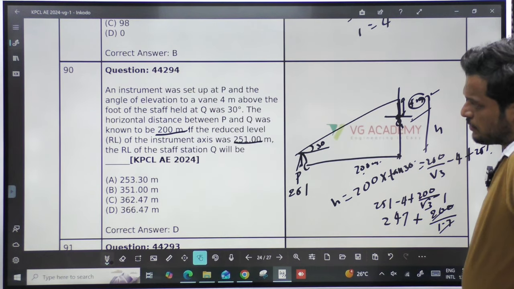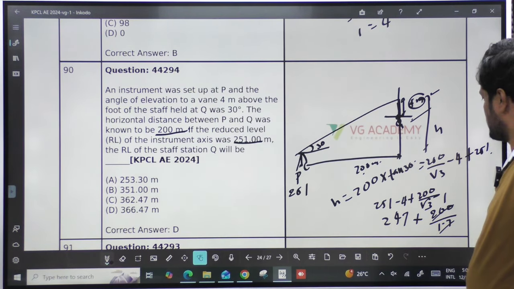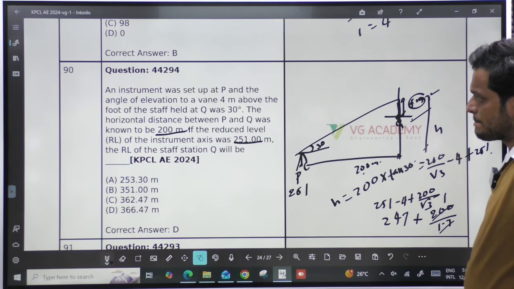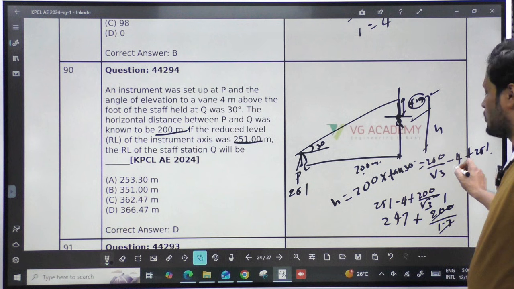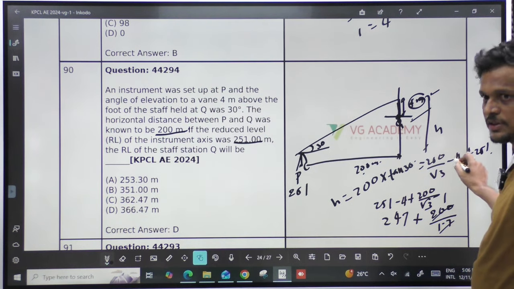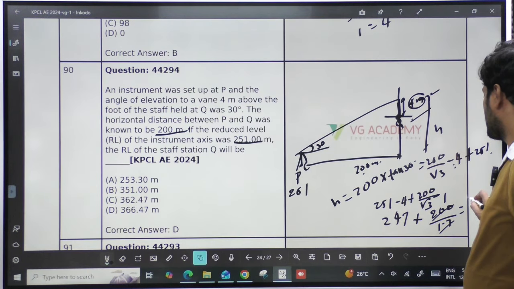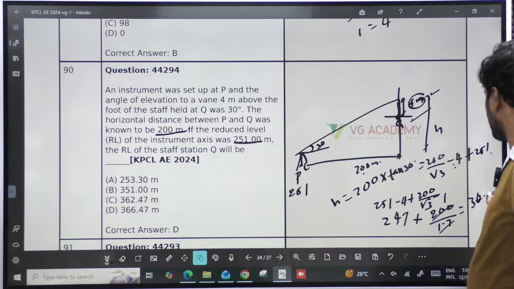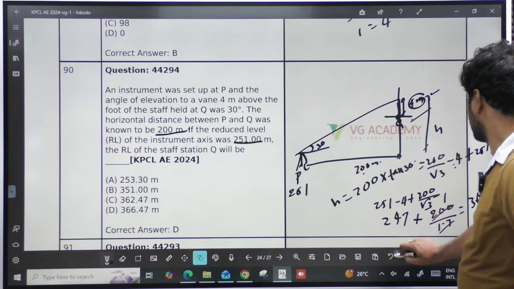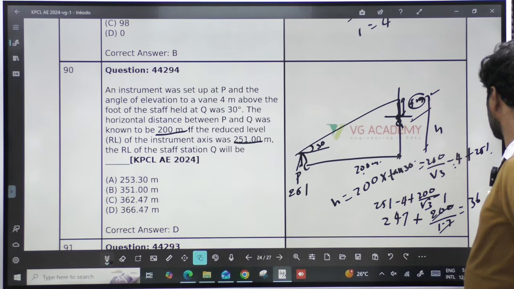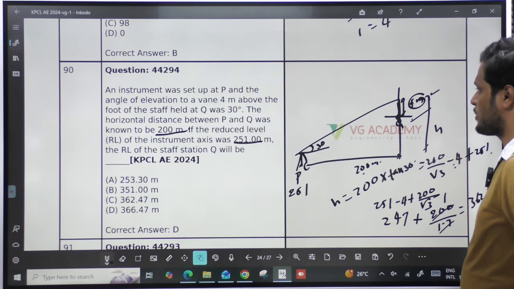Oh, options are very close. 366. 362.47 we are getting after subtracting 4.